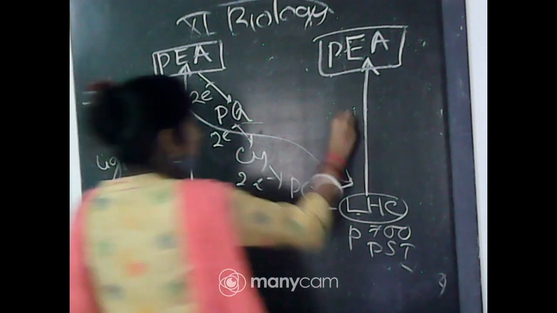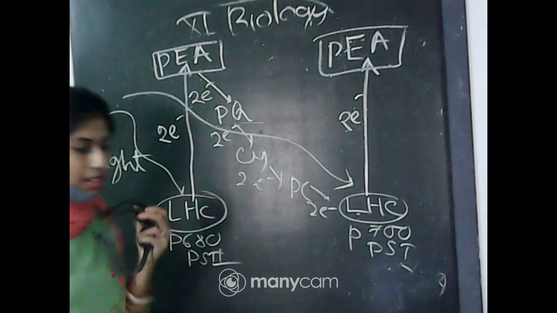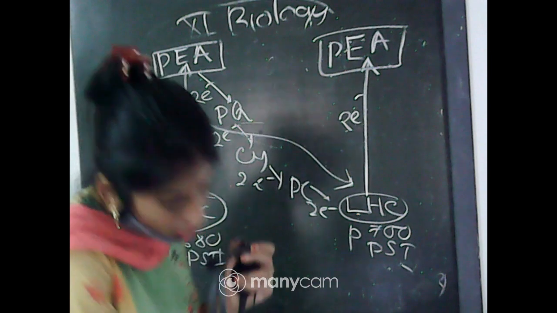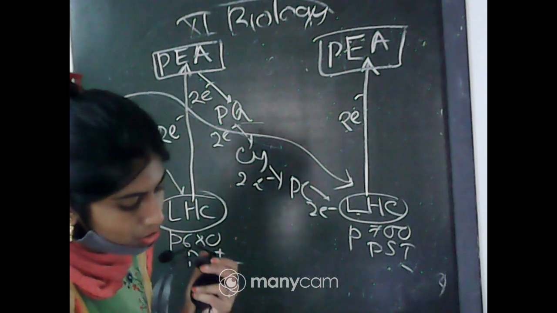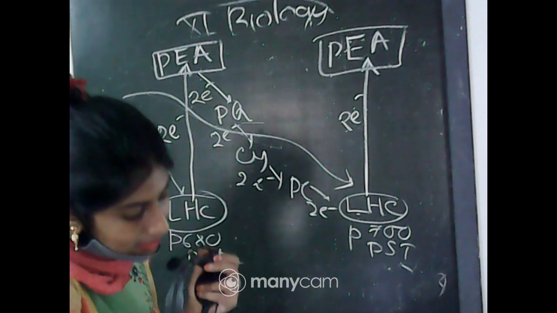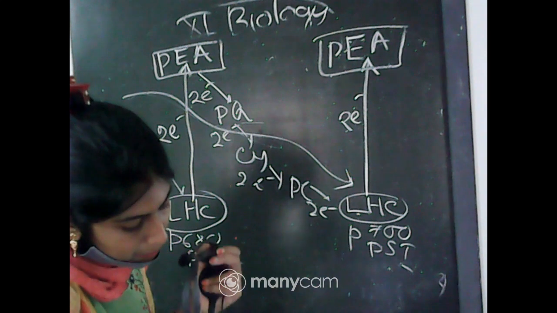Electrons get excited with the help of light and move upward. Again these electrons move downhill, and this time to a molecule of energy-rich NADP plus.